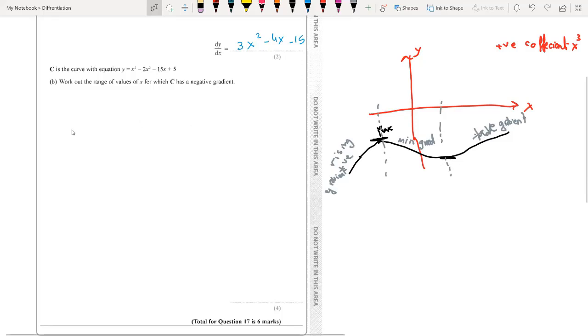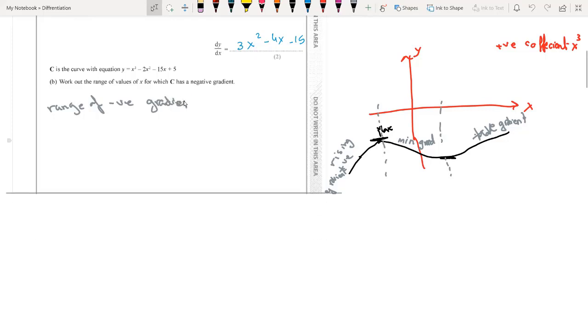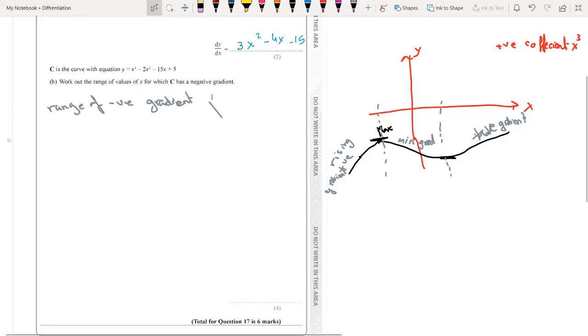So the range of negative gradients is between the maximum and minimum, which are the turning points.